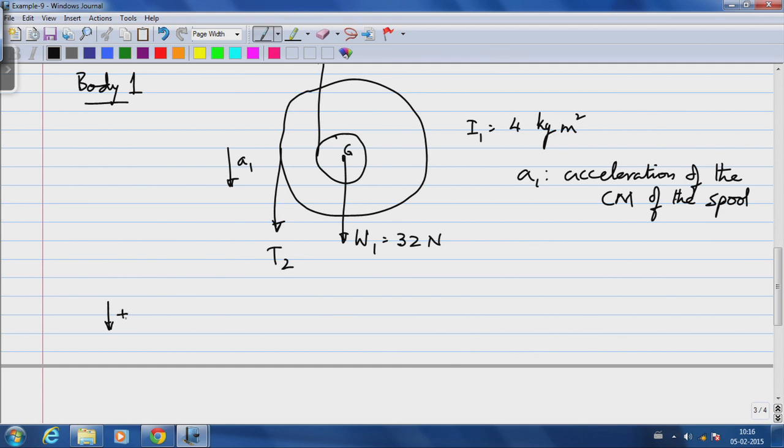So, if I take downward force as positive again, let me write the law first. This is Euler's first law: T2 plus 32, the weight of the body, minus T1 equals the mass of the body, which is 32 divided by 10, times A1.